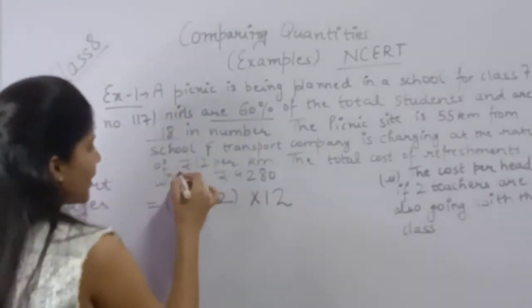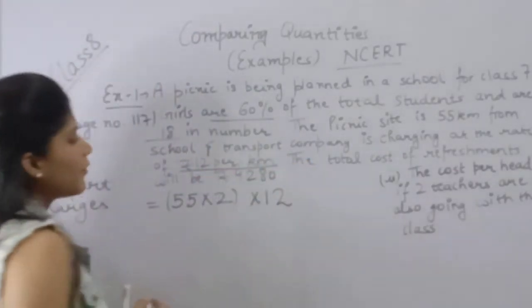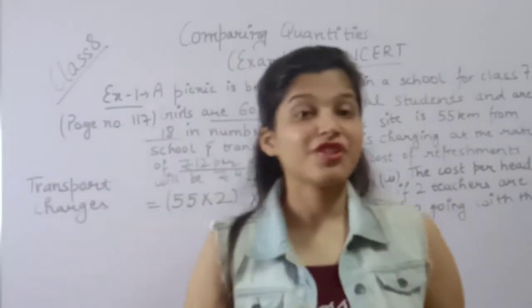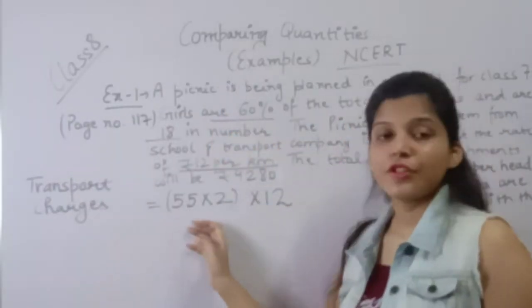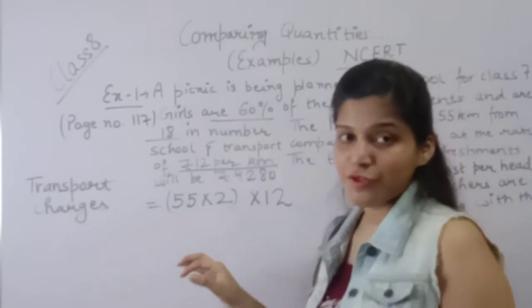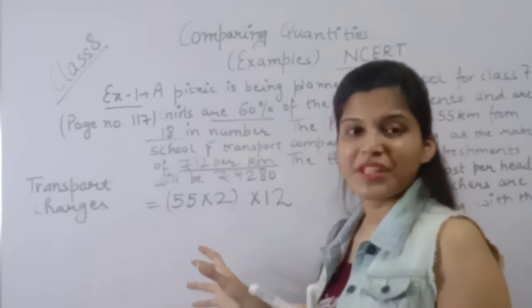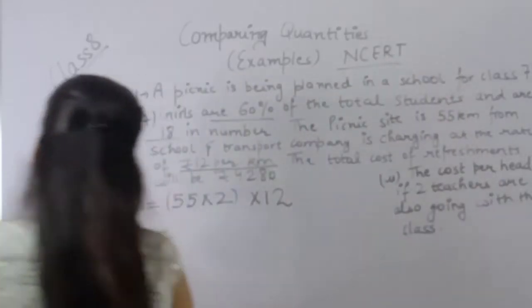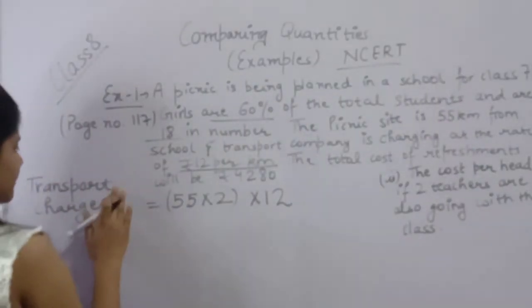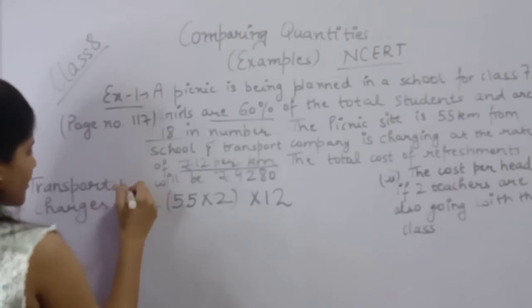Rupees 12 per kilometer means that for 1 kilometer it is charging 12 rupees. So for 55 into 2 kilometer, how much money the transport company will charge? So into 12. Okay, so let's calculate the transport charges or transportation charges.